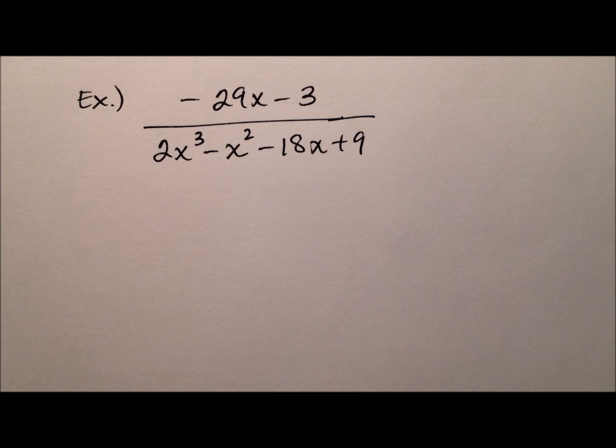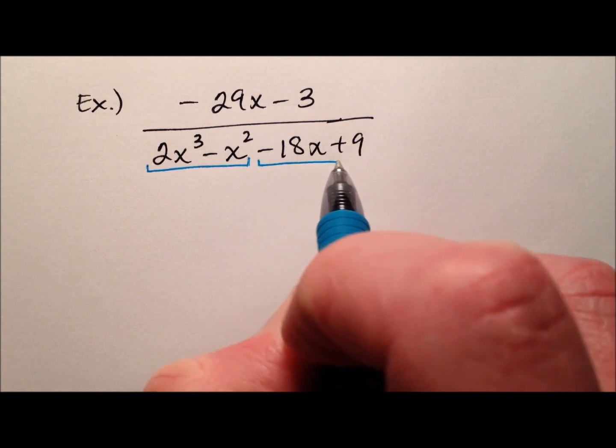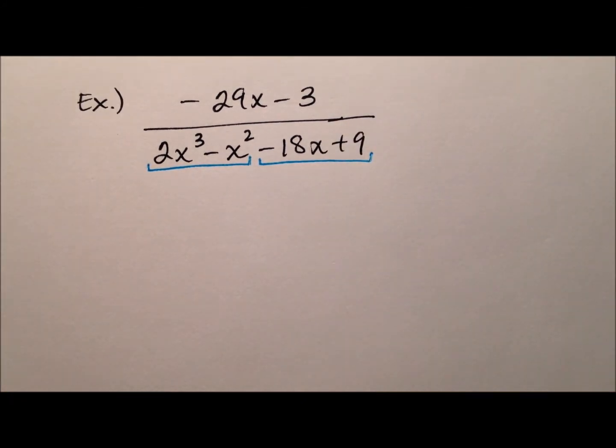In this third and final example, we're going to take a little larger rational expression and decompose it into its partial fractions. Okay, so once again, we're going to start by factoring this denominator, and it looks like I have 4 terms, but it looks like it will work nicely and I can factor this by grouping.